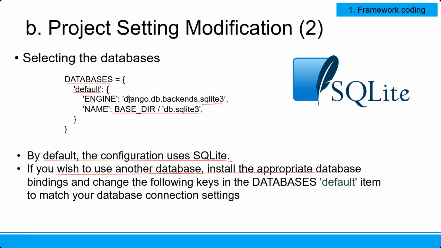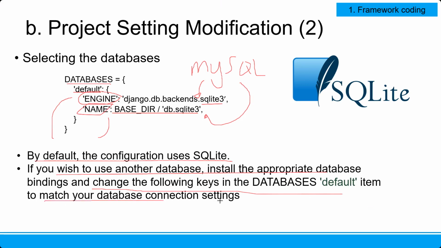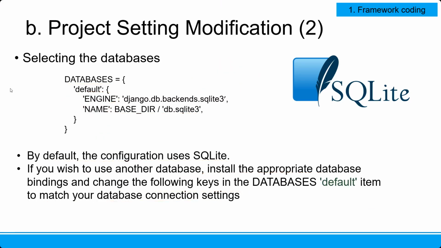So yeah, you need to change the engine name and the name of your database. Let's say if you want to use MySQL, then in that case, you need to define MySQL, and then you need to find what the engine for MySQL is. So you can change the following keys in the database. You can change the engine, you can change the name, and you can match your database connection settings, because every database will have different connection settings.